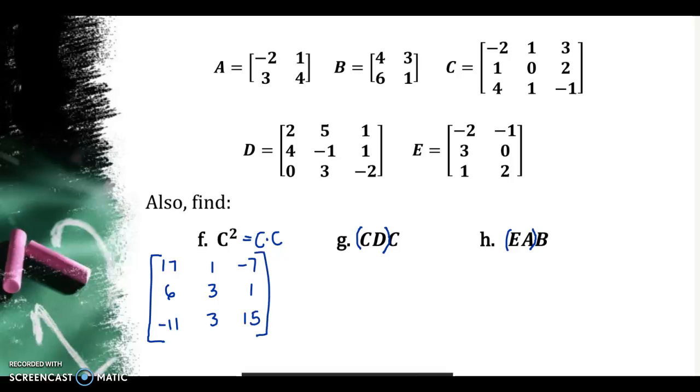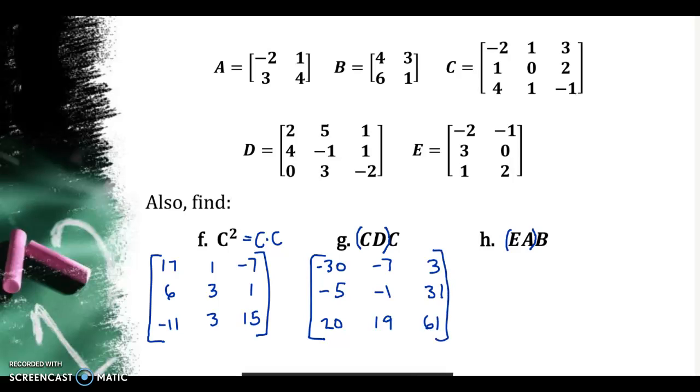For C, D, C, we'll end up with negative 30, negative 7, 3, negative 5, negative 1, 31, that was the first and second row, and then the third row is 20, 19, and 61.